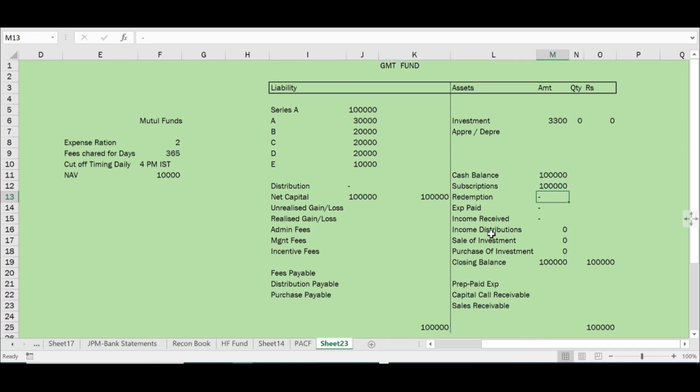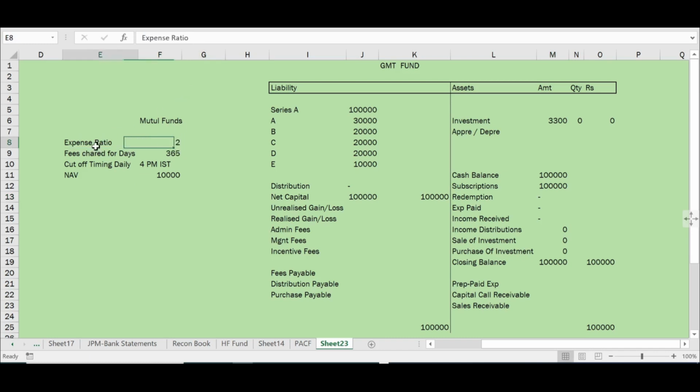If the fund has received this investment, before investing into any scheme you need to also check certain things. Each and every fund already discloses how much fees they'll charge. So let's assume this fund, GMT fund, has an expense ratio of 2% per annum.